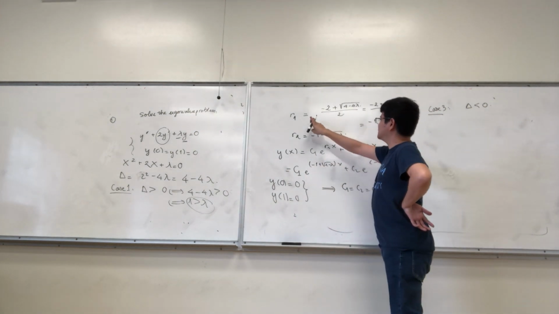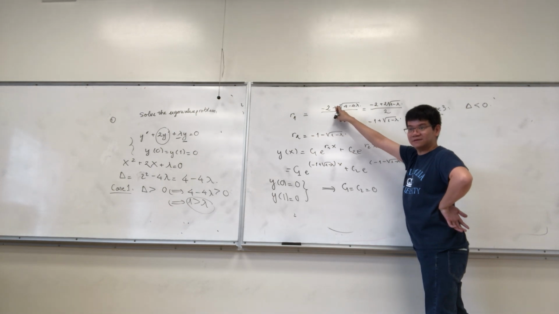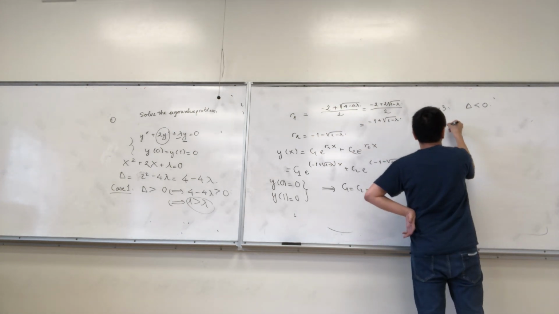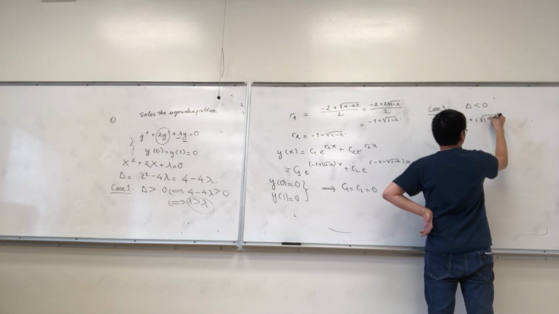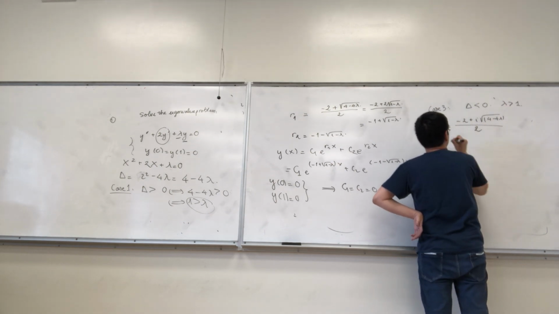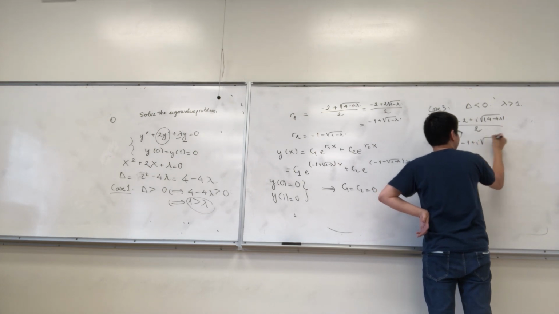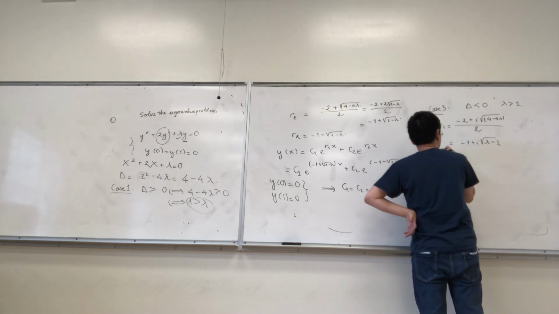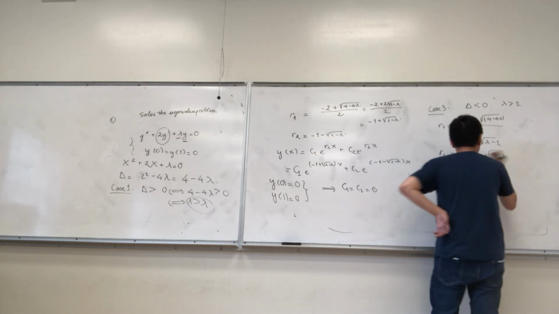So in the third case, you're going to use this formula, but you put an i here, right? So R1 will be minus 2 plus i square root of 4 minus 4 lambda, over 2. In this case, lambda is bigger than 1. And in this case, you have minus 1 plus i square root of lambda minus 1, and minus 1 minus i square root of lambda minus 1.